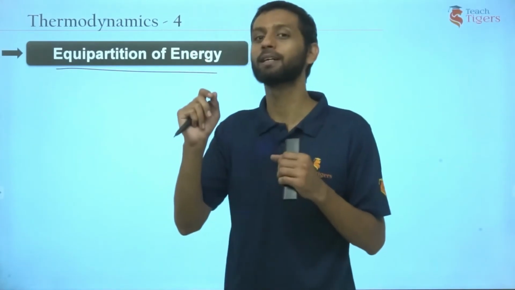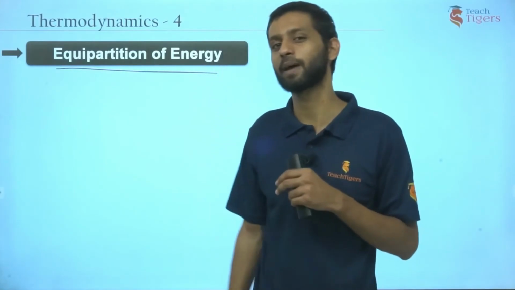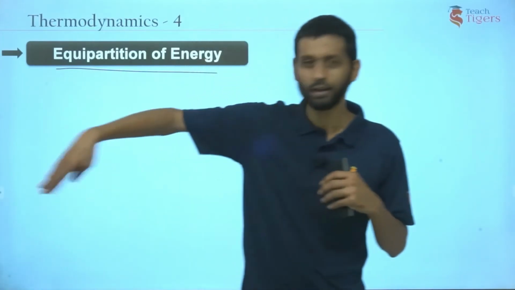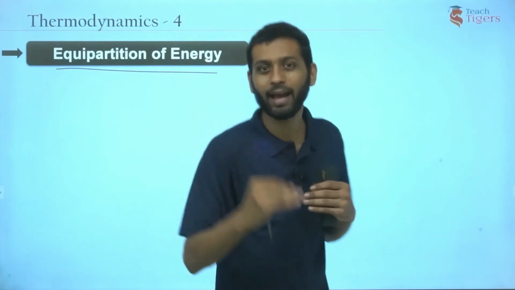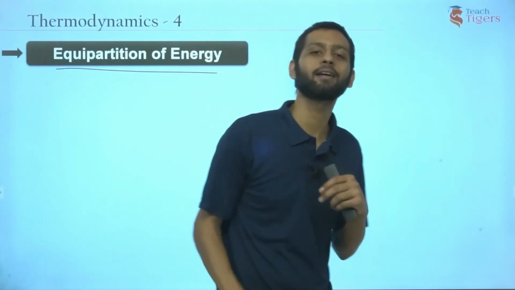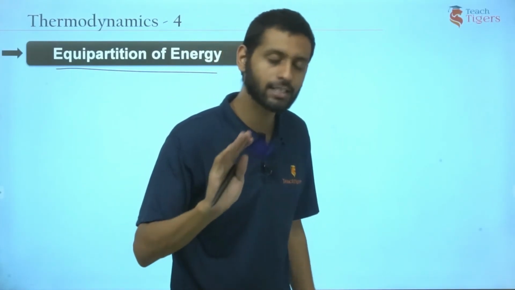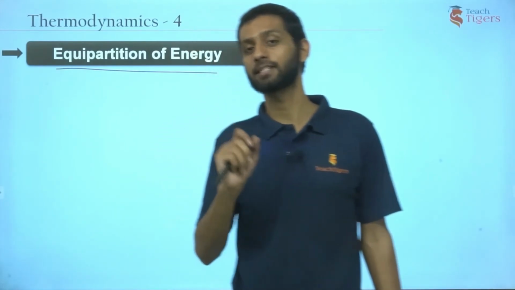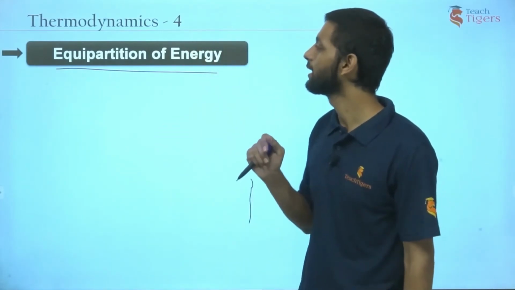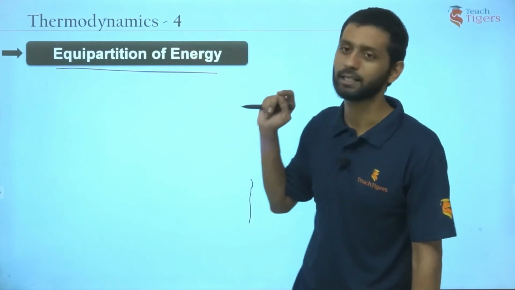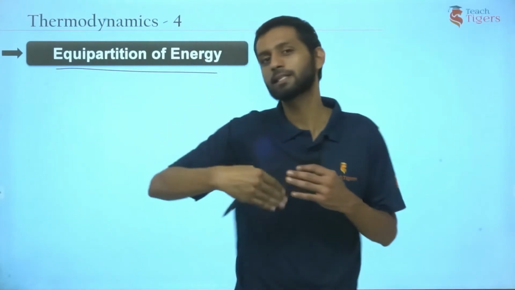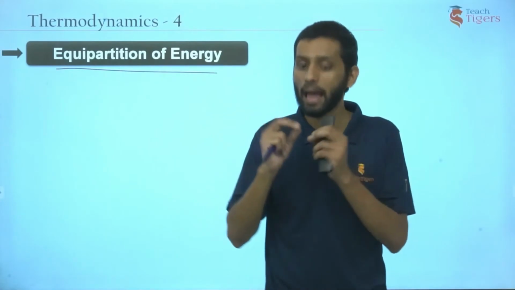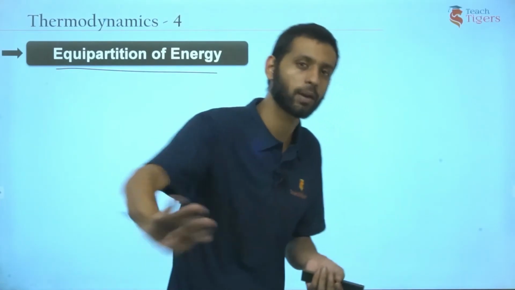I can go up, I can go down. That's another way I can express my energy. So 1, 2, and 3. These are translational degrees of freedom. So equipartition of energy tells us that amongst all these different ways, the energy partition will be equal.